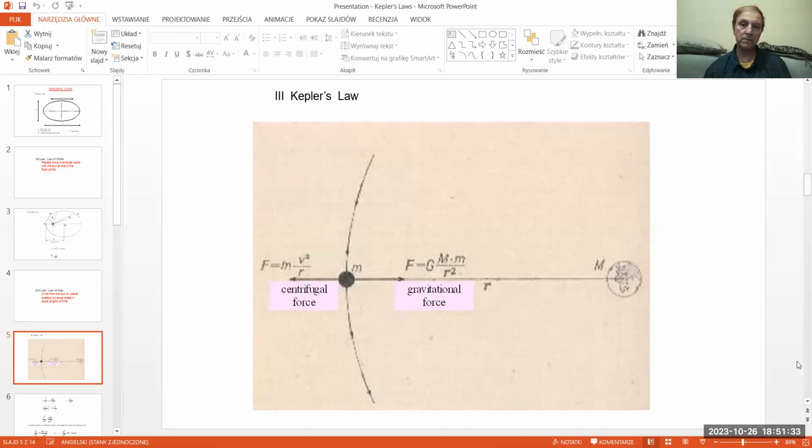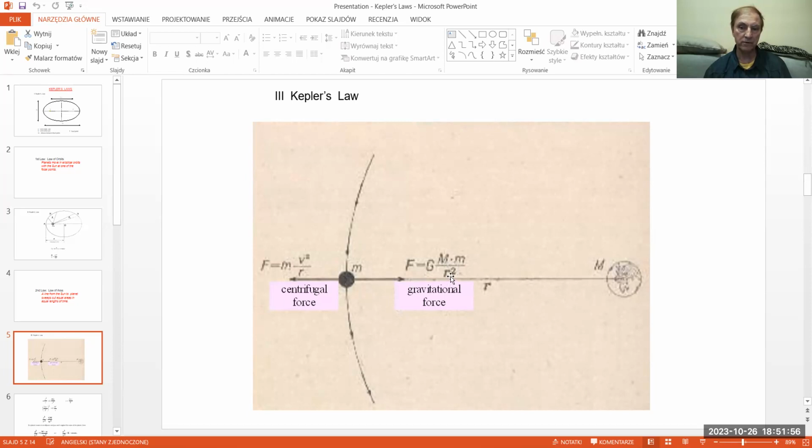So let's imagine here is the sun, here is a planet, no matter which one, and there is a gravitational force between the sun and the planet. The gravitational force is equal to GMm divided by r squared.